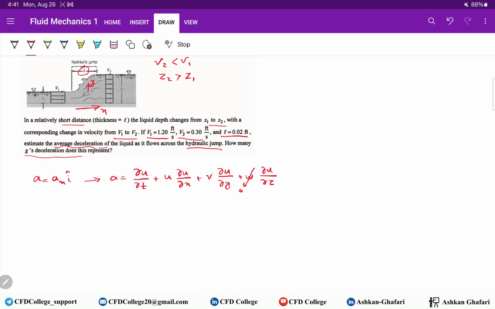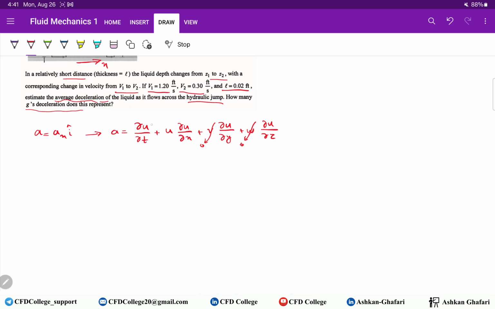Since w and v are equal 0 and we are at steady state condition, this term is 0, so A equals u du over dx.